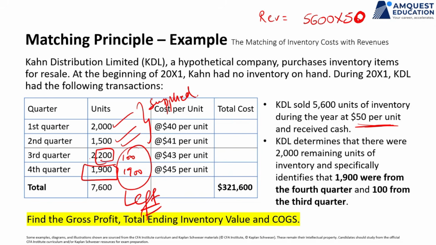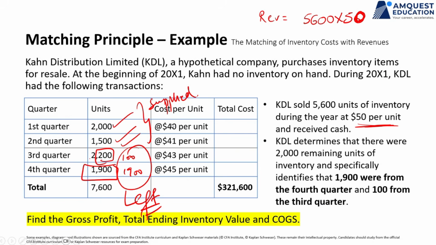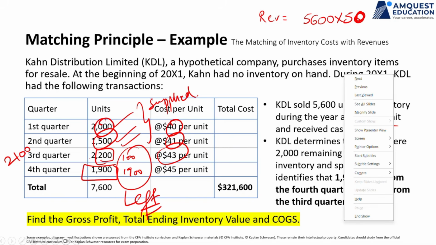So the simple answer is you have sold 2,000 inventory at $40, 1,500 inventory at $41, and another 2,100 inventory at $43. You can multiply and add to get to that number, right? So we can multiply and add and get to that number in terms of how much we sold.